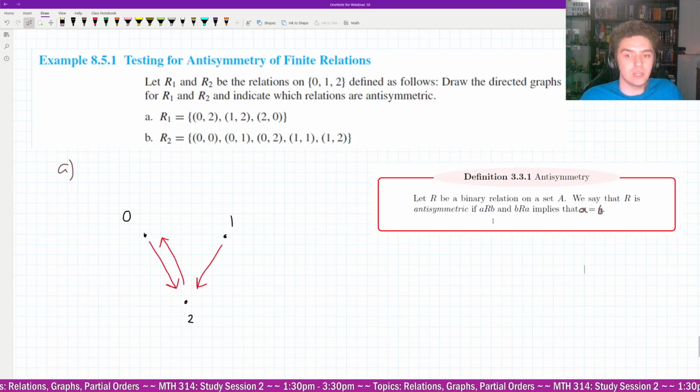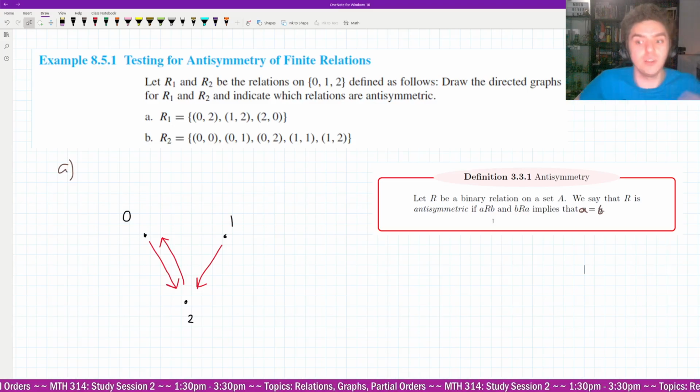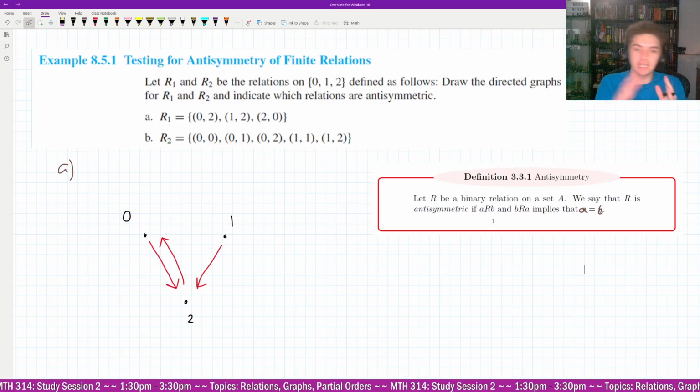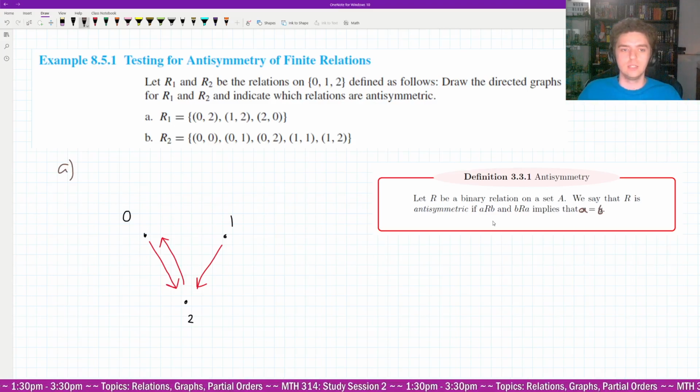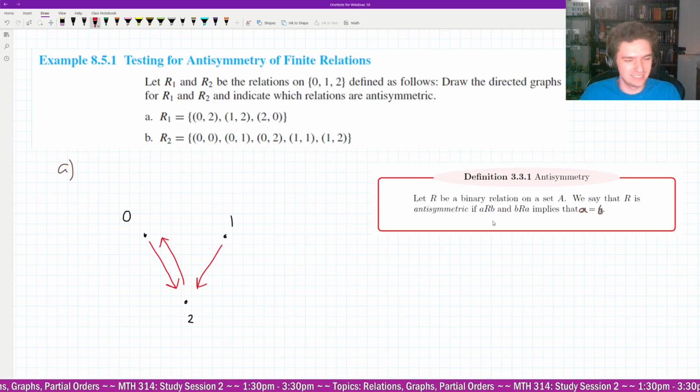So the only way you have any kind of symmetry is if it's the same element. If, for example, 1 is related to 2 and 2 is related to 1, it's not anti-symmetric. So what do you think: anti-symmetric or not?